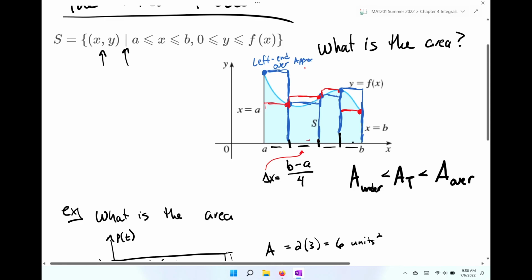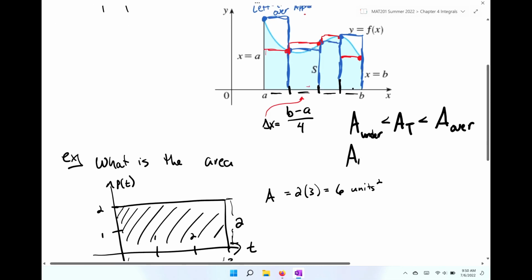All right? So another way to think about that would be the area of the left endpoints. Actually, I got it backwards. The area of the right endpoints and the area of the left endpoints.